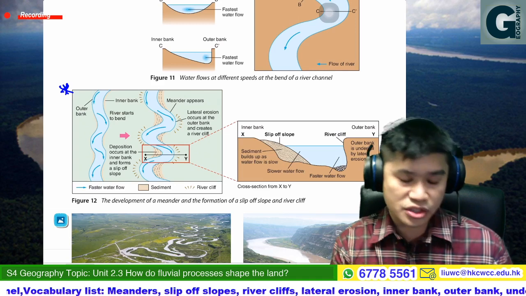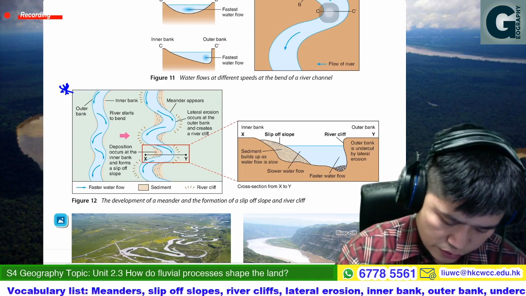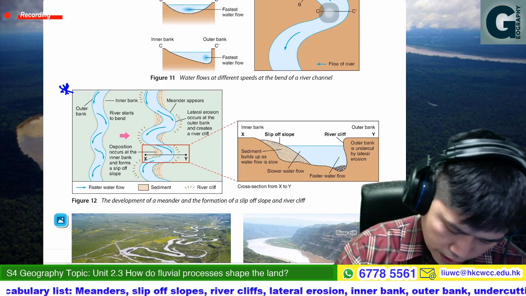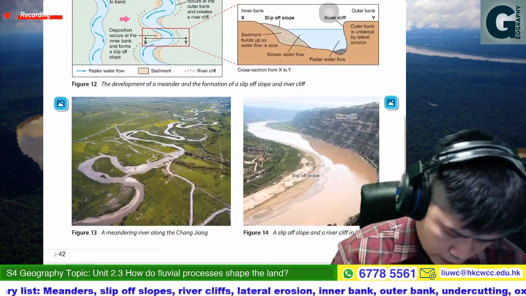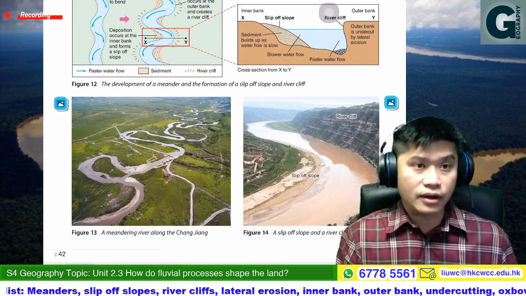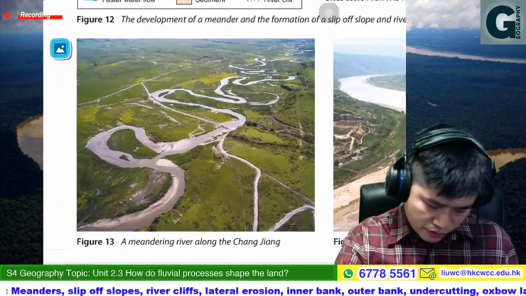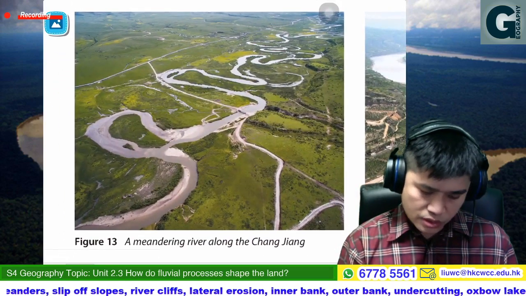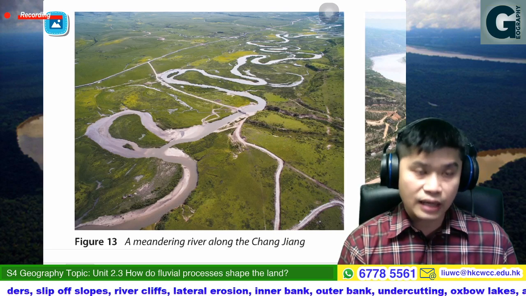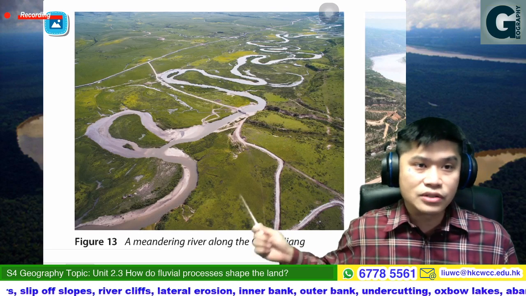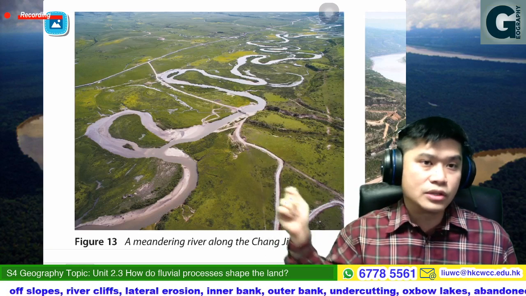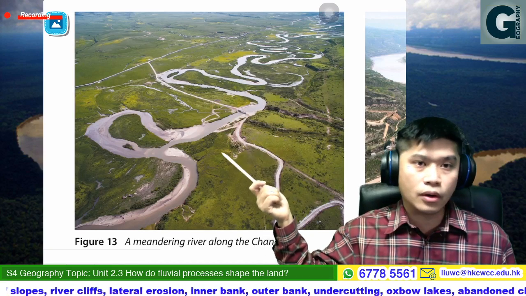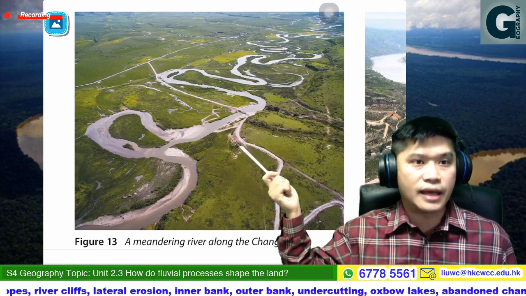So for the changes of the river, you will see on the photos here, on figure 13, a meandering river along Changjiang. You can see all this, that is the winding of the river. So therefore, this is what we call the meander.